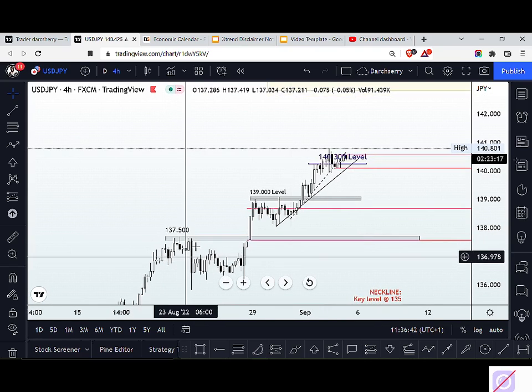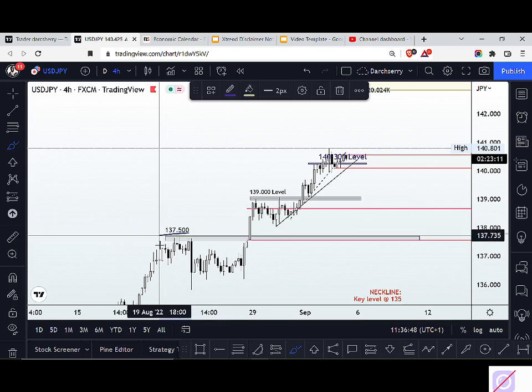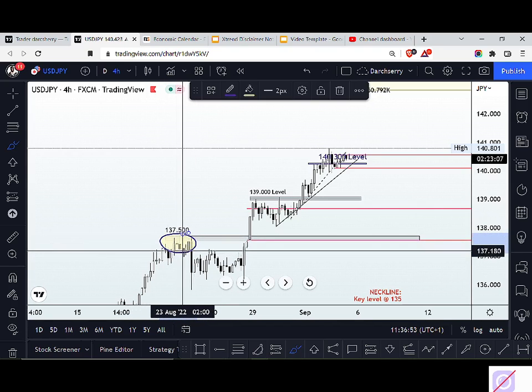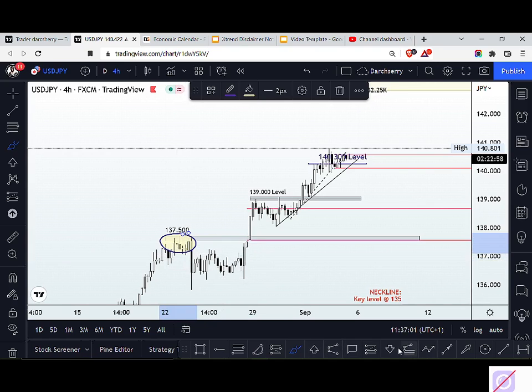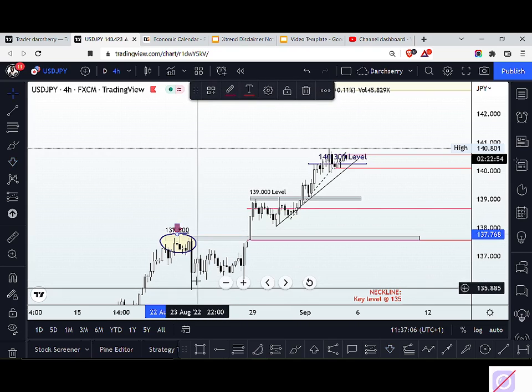The reason this was identified was simply because I saw attempts by the sellers to push price to the downside during the early part of the previous week, before last week. We saw an attempt by the sellers to push price to the downside from this level, but it was met with stiff resistance by the buyers to push price to the upside.